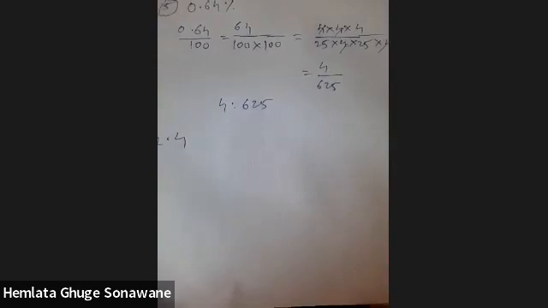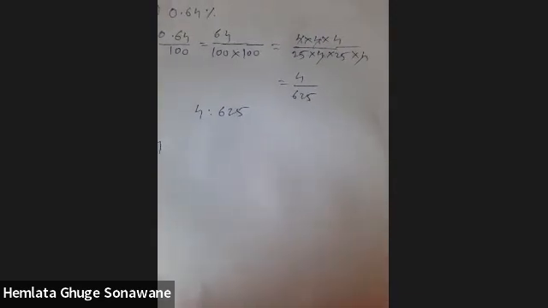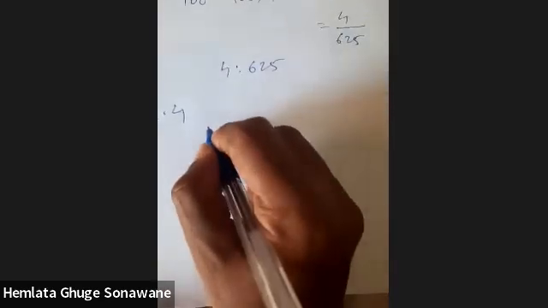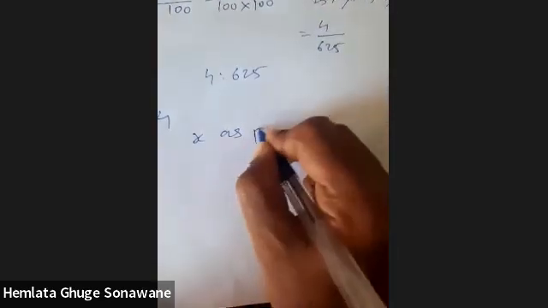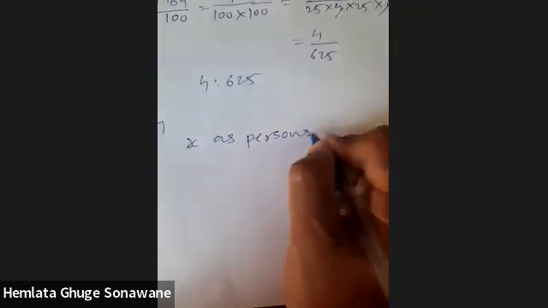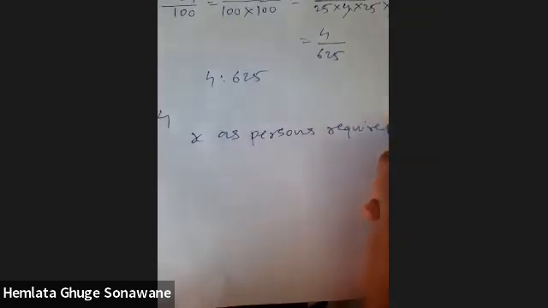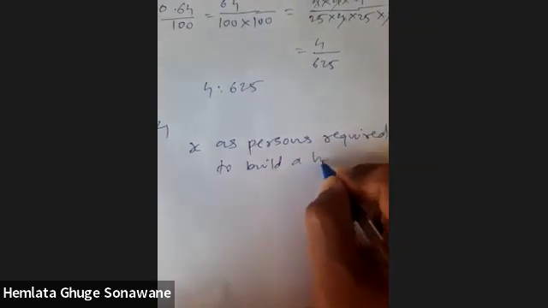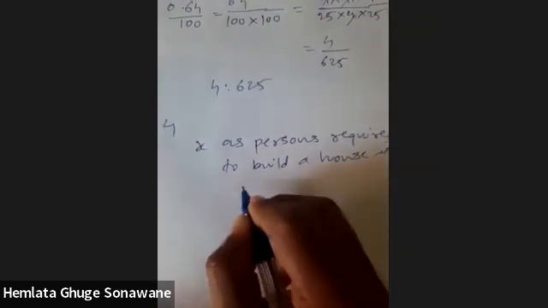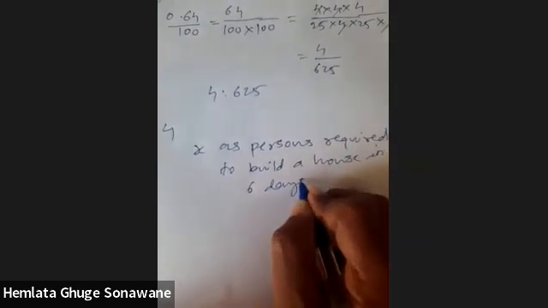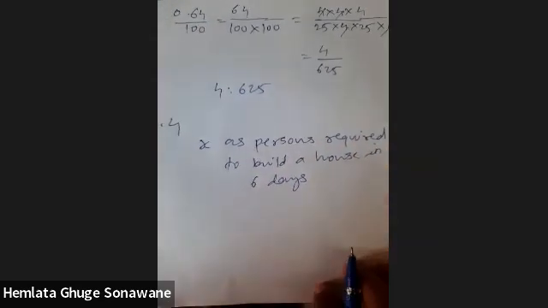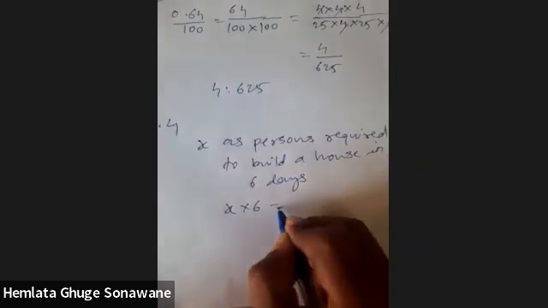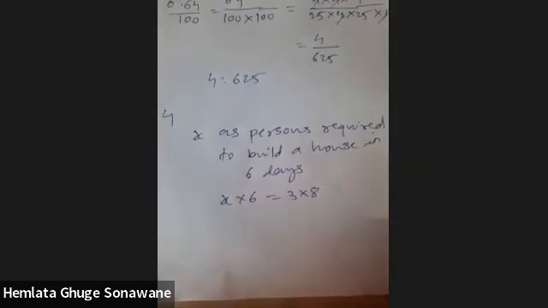So we'll consider X as the persons required to build the house in 6 days. So it becomes X into 6 is equal to 3 into 8.